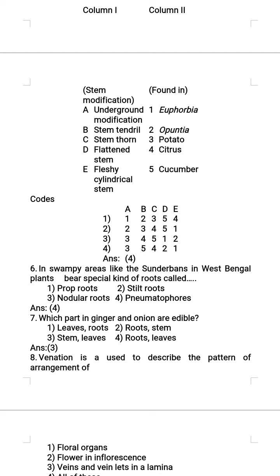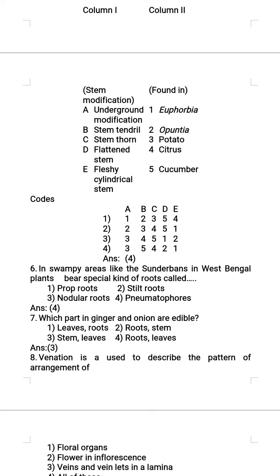Understand? Next, B, stem tendril. B is matching with the most known one, cucumber. It means the fifth one. Stem tendrils are present in the cucumber.